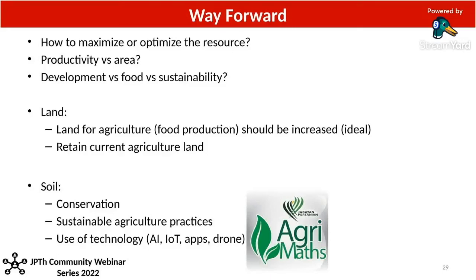For example, the Department of Agriculture has developed an app called AgriMatch. This application helps farmers in farm practice decisions, such as when to put the fertilizer and how much to irrigate the plants. Drones help in fertilization and pesticide application, such as being used in the Sekinchan paddy area.